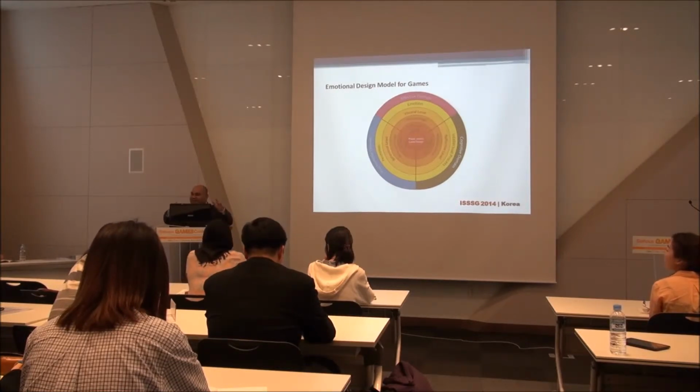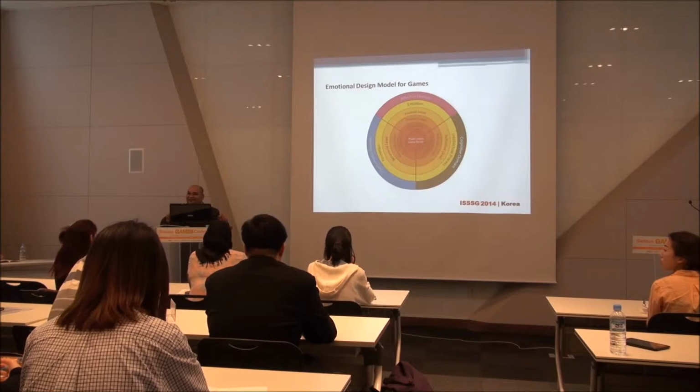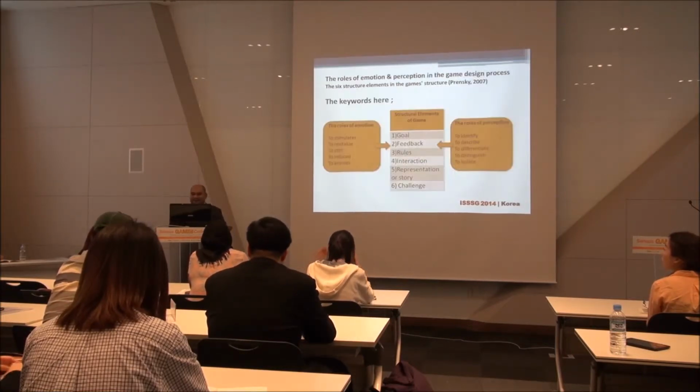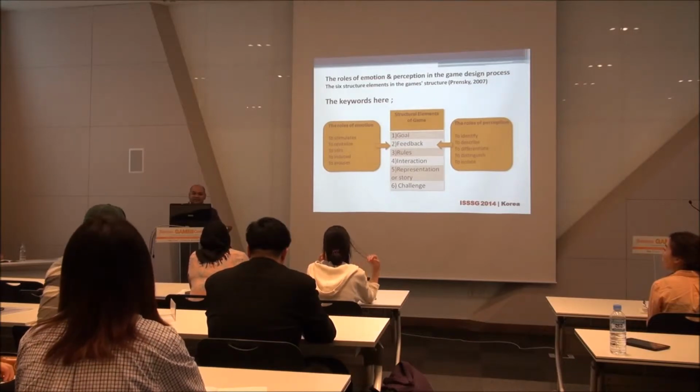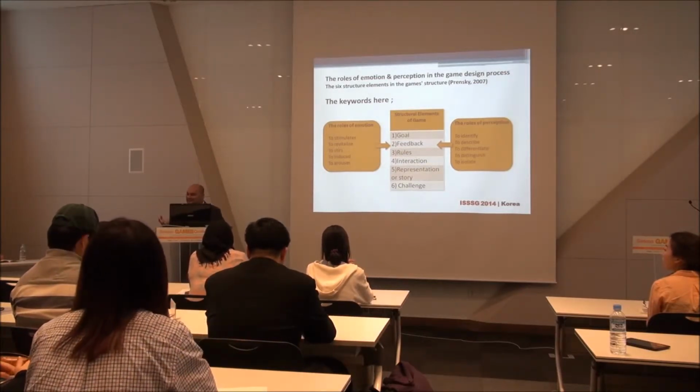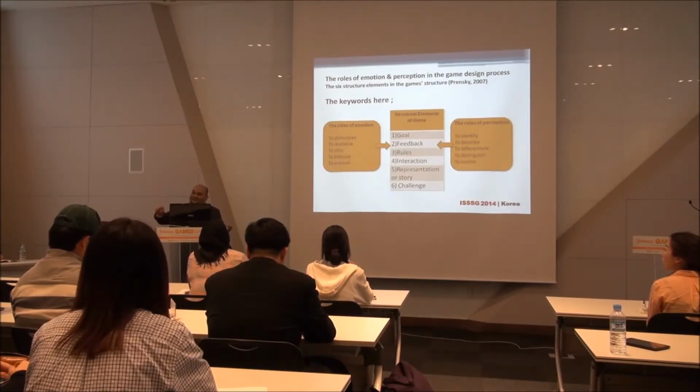Our vision, our auditory, our haptic, right? From where? From the emotion. Emotion still stimulates us. That's why I said the two keywords here: the role of emotion to stimulate the starting point, to go to the role of perception.